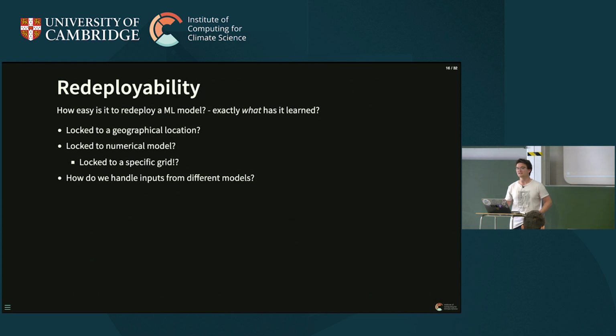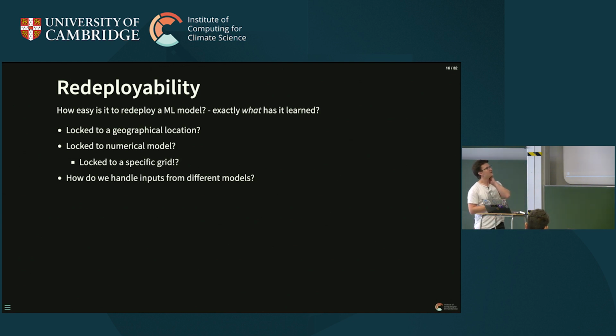So it's a microphysics model from one paper that's been redeployed in many, many other locations. Can you do that with your machine learning model? So what exactly has it learned? What was the training data you gave it?